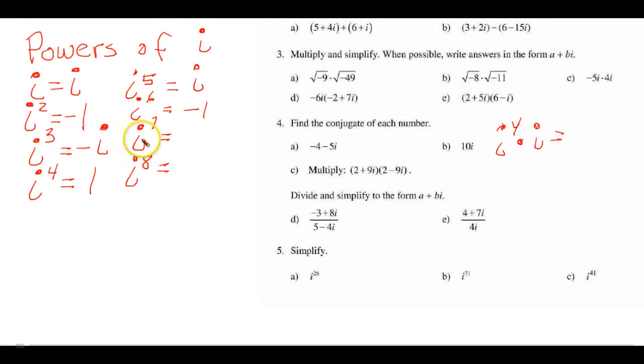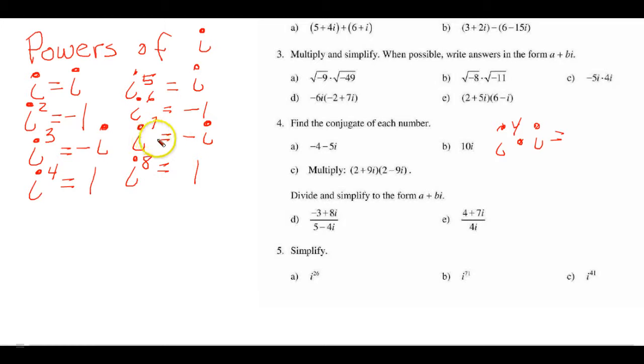i to the seventh is i to the fourth times i to the third. We can see it right here. That's a negative i. And then i to the eighth is i to the fourth times i to the fourth, which is 1 times 1, which is 1.